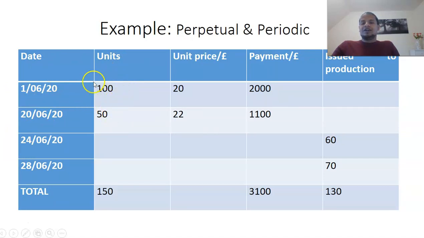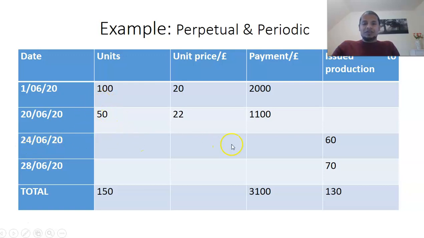The first purchase is 100 and the second purchase on 20th is 50. In case of last in, first out, which one came last? The material that we purchased second. So this 50 will go first.